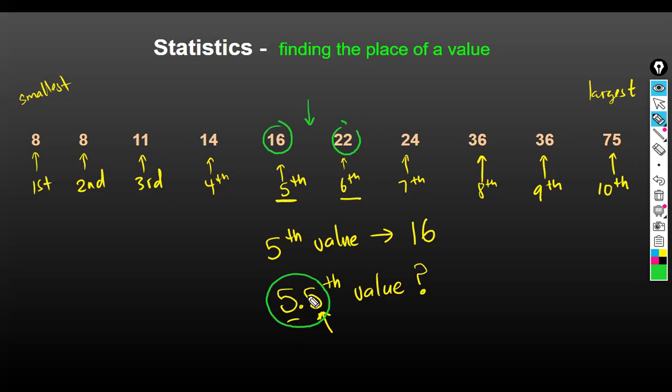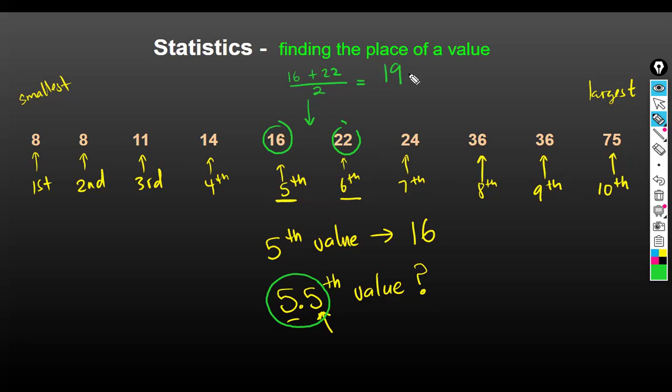For the number in the 5.5 place, you add 16 and 22 and always divide by what? 2. What's the answer now? A lot of people sent the answer already. Who is in the 5.5 place? 16 plus 22 divided by 2, I got 19.